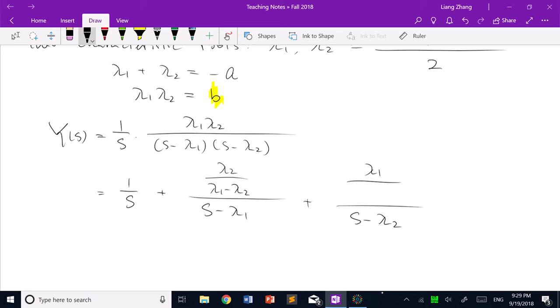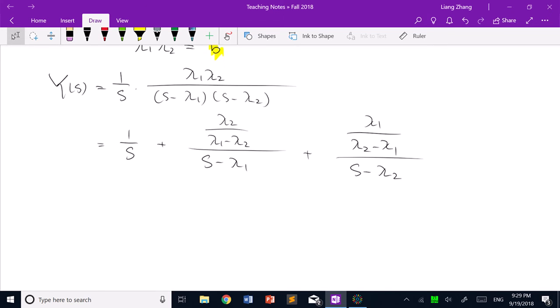The other will be lambda 1 over lambda 2 minus lambda 1. It's not difficult to find this out using the cover-up method.